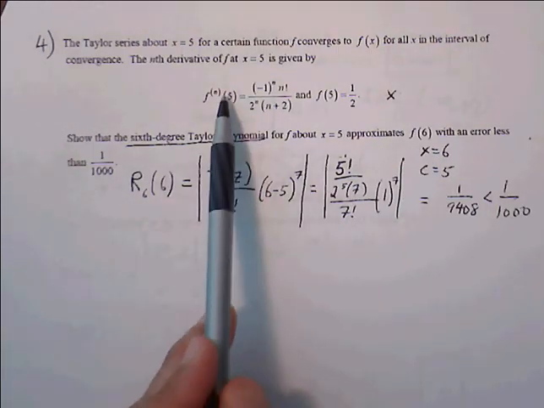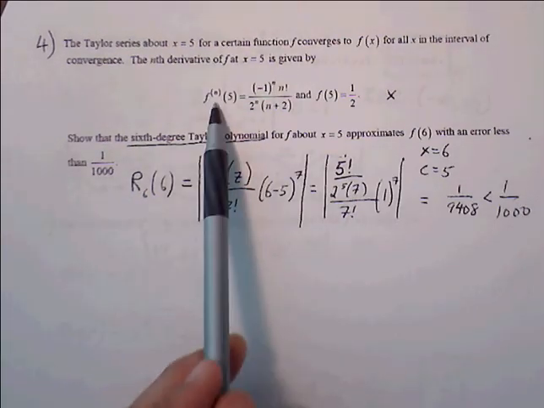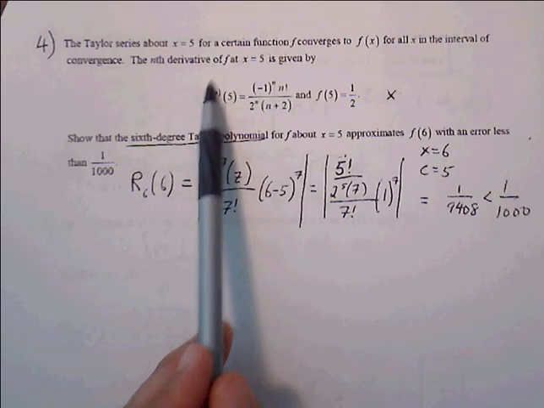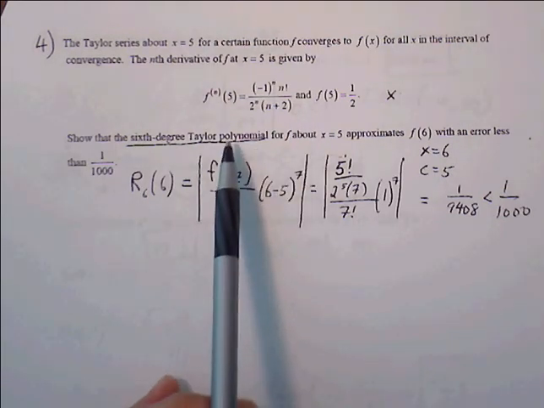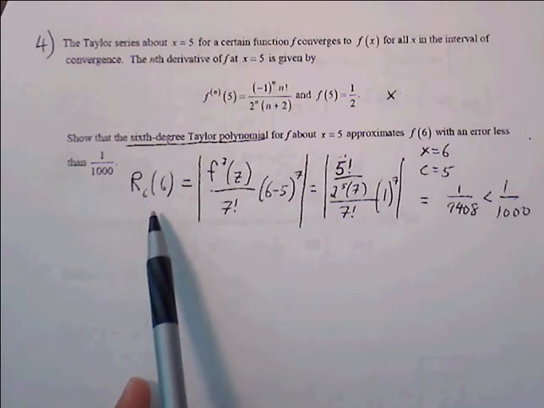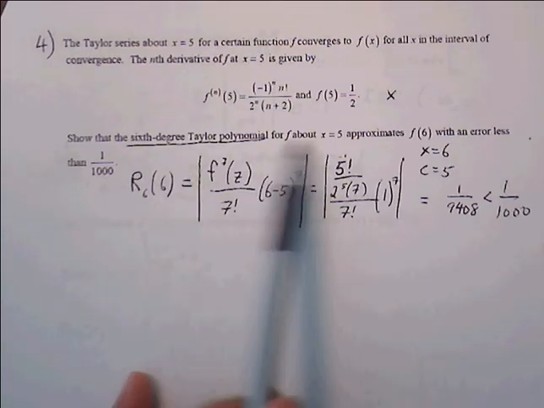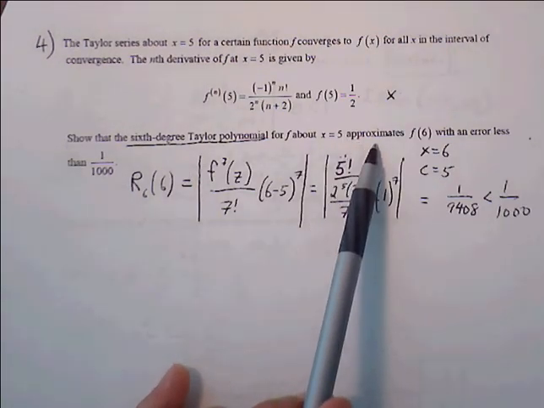So we want to find the maximum error for the polynomial. We want to show that the 6th degree Taylor polynomial will approximate f of 6.